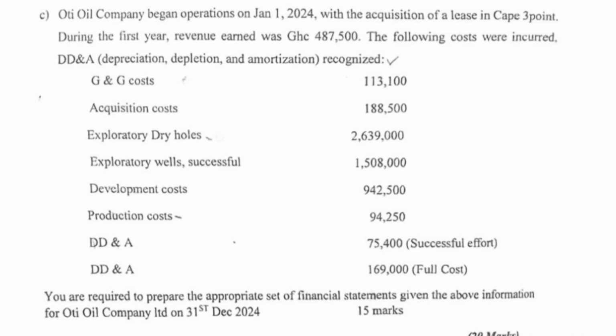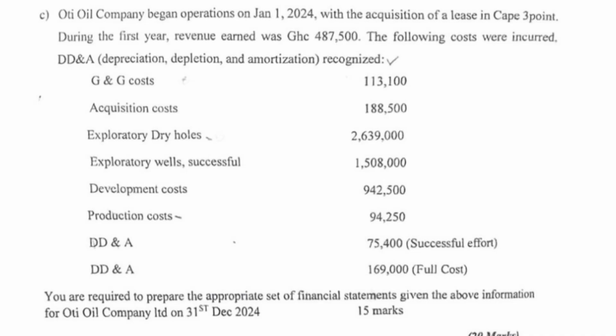During the first year, revenue earned was 487,500. The following costs were incurred: G&G costs, that's the geological and geophysical costs, 113,100, and acquisition cost 188,500.